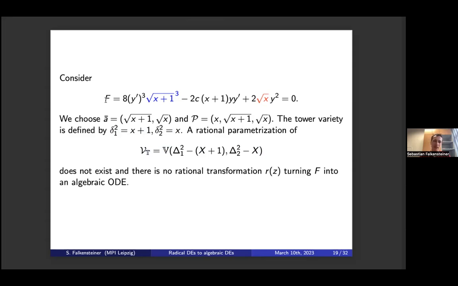So here, for this differential equation, in the setting we are working in, there cannot be found any rational transformation turning f into an algebraic differential equation.